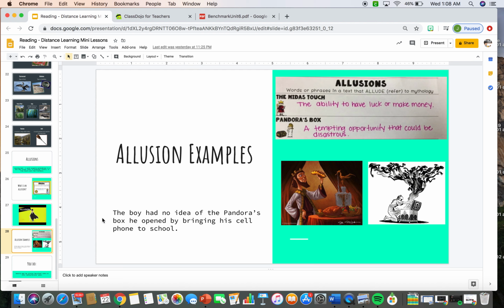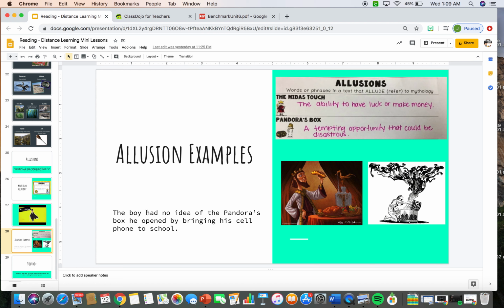So an example sentence I'm going to share with you, this sentence is not talking about the myth Pandora. It's just a sentence that uses the allusion Pandora's box to help us understand what the sentence is trying to let the readers know. The boy had no idea of the Pandora's box he opened by bringing his cell phone to school.